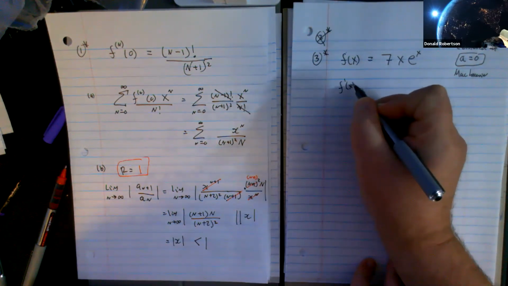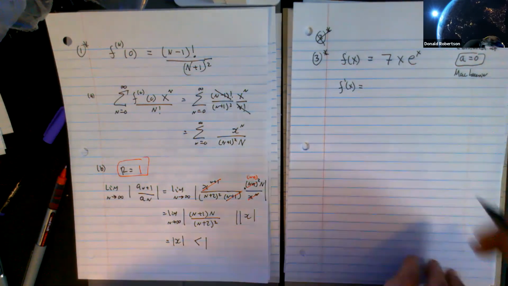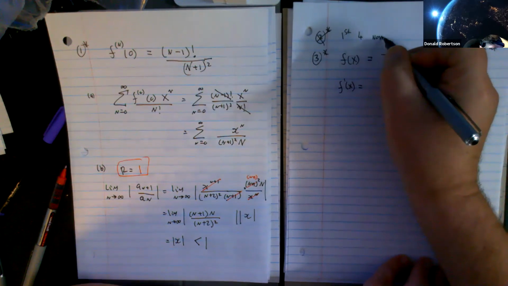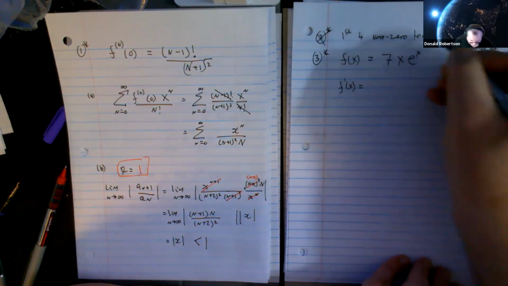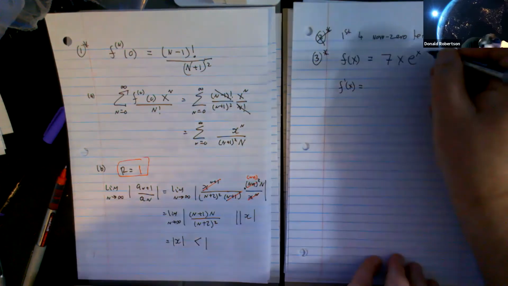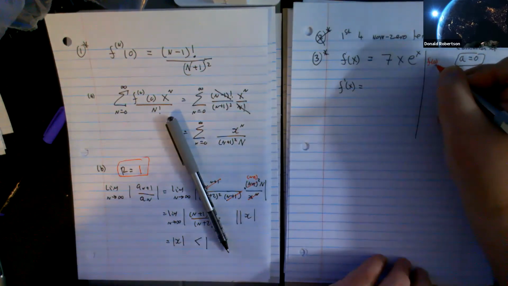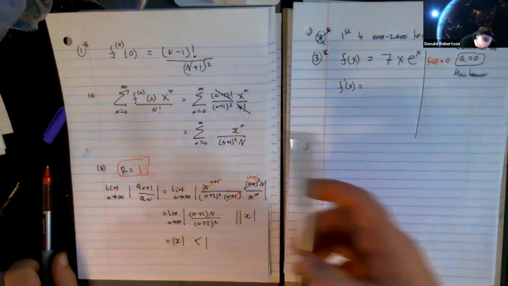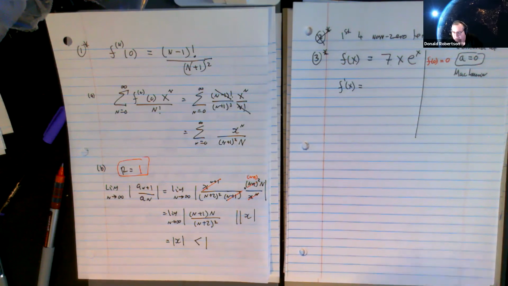This is going to be messy. I have to find the first 4 non-zero terms. f of 0 is 0. Now, how are you going to differentiate 7x e to the x? What method will I use?